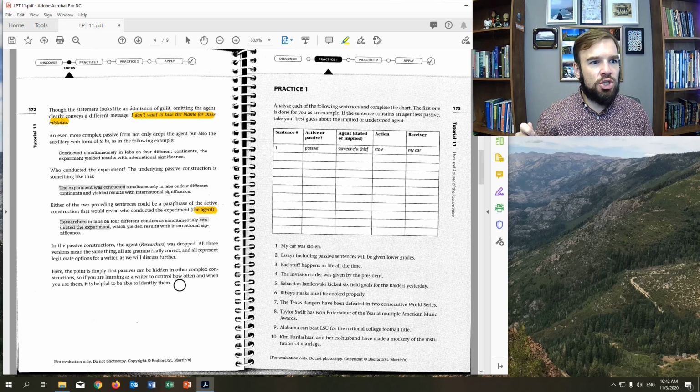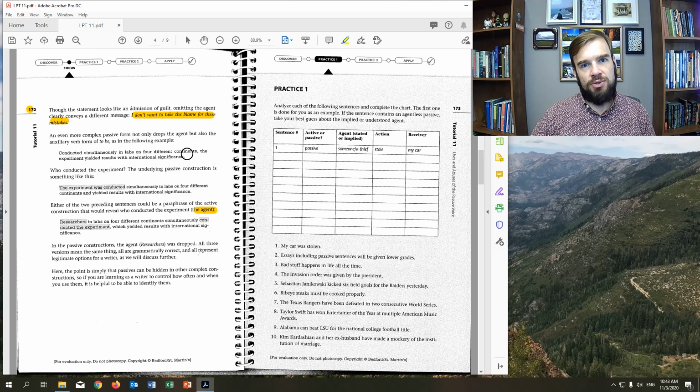Now, what Professor Ferris is showing us here on page 172 is also very valuable because if you're interested in finishing a bachelor's degree or certainly an advanced graduate degree, master's degree in the sciences, any kind of sciences, even the social sciences now, but certainly in nursing, medicine, childhood development, any of those fields, the type of sentences you see here on 172, "conducted simultaneously in labs on 4 different continents, the experiment yielded results with international significance."